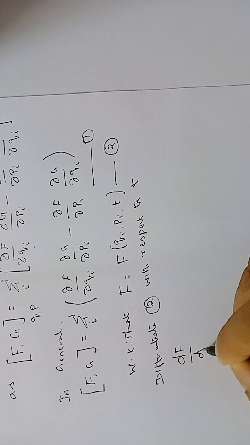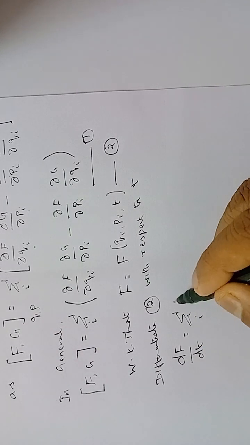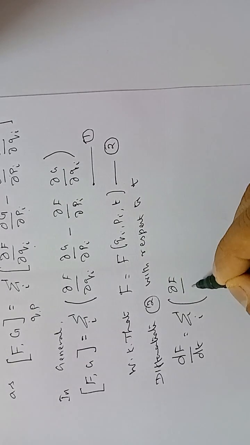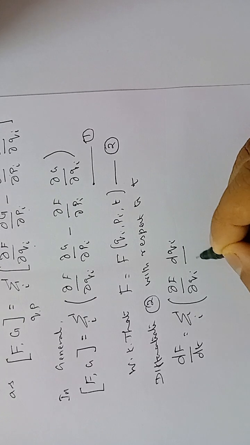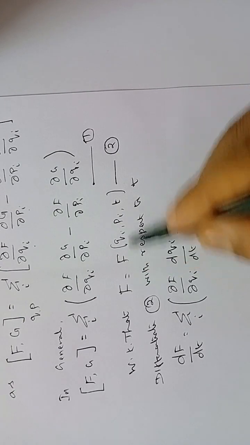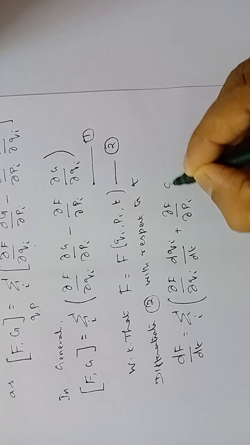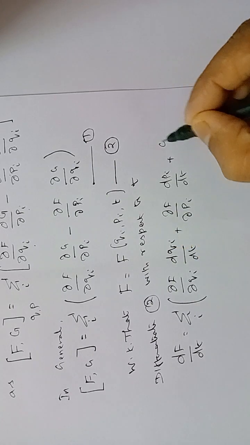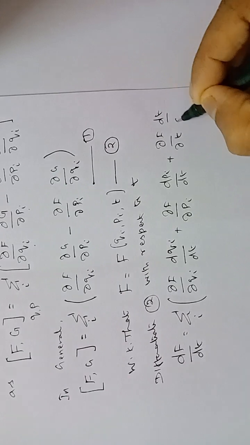df by dt is equal to the summation over i of dou f by dou qi, we already saw these things, then dqi by dt, plus dou f by dou pi dpi by dt, plus dou f by dou t into dt by dt.